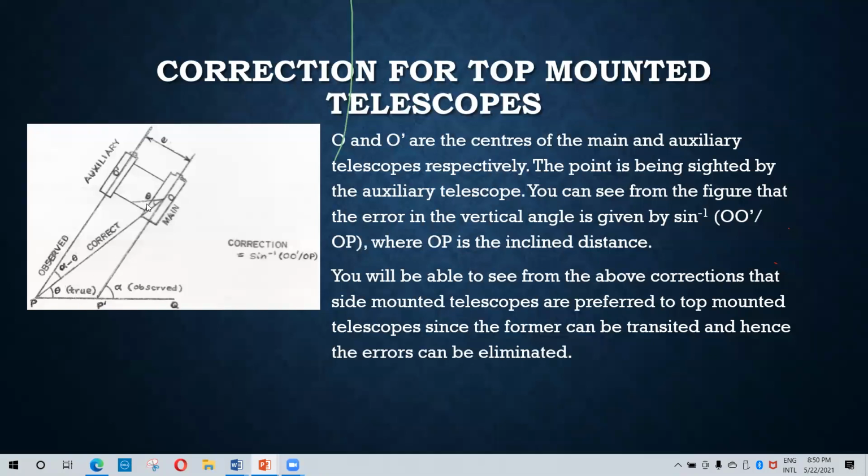But what you really want to measure is this angle theta. Why? Because this is the main telescope. What you want to measure to the top object is this angle theta here. So that theta is represented here. But there is an error, right? Alpha minus theta, right?